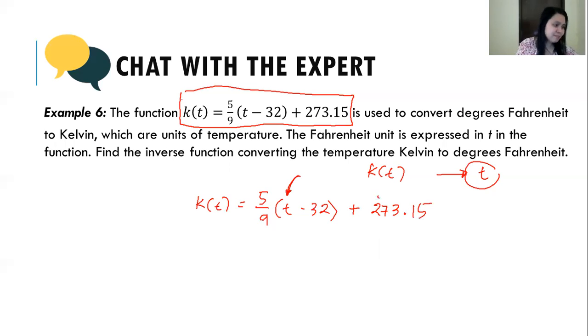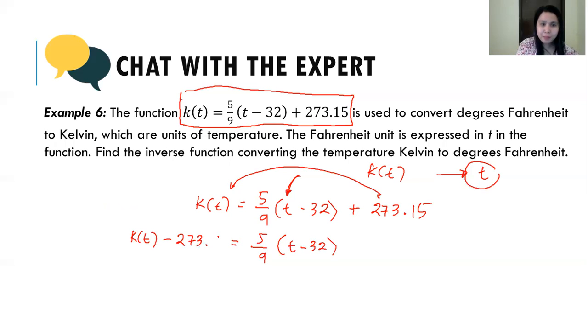So we only have 5 over 9 times t minus 32 equals k of t minus 273.15. The next one. How do we eliminate 5 ninths? We multiply the whole equation by 9 over 5. And this one becomes 1.